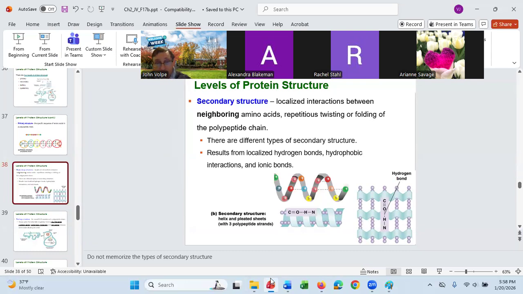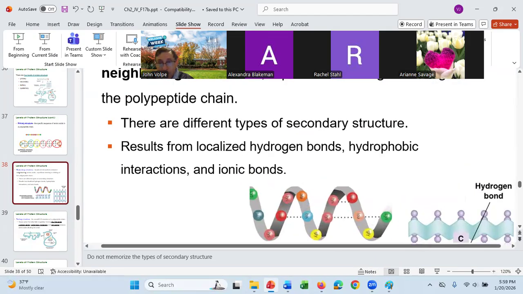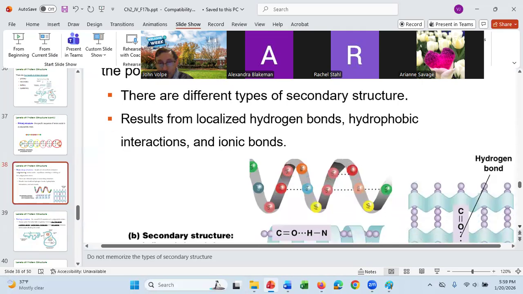The secondary structure can happen when nearby amino acids start interacting with each other. Here we have two amino acids that are interacting with each other. And this shows you a dotted line. That means a hydrogen bond or some other bond is attracting these together.